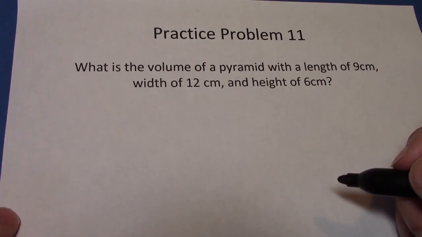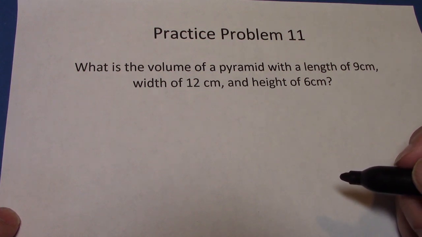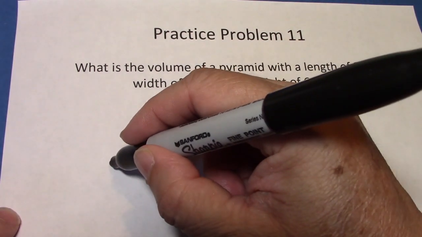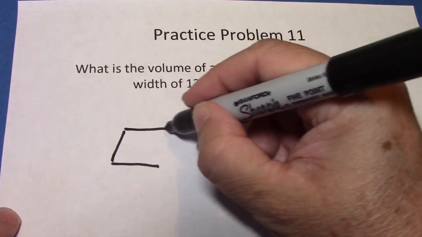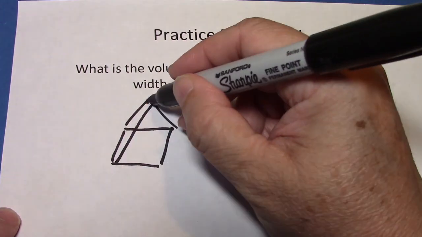Problem 11. What is the volume of a pyramid, the length of 9 centimeters, width of 12 centimeters, and a height of 6 centimeters? So we have this box for the base, and then some point.